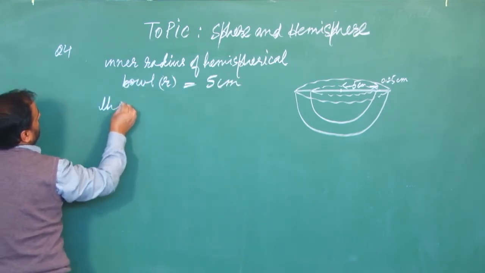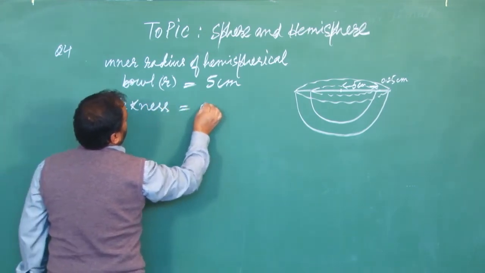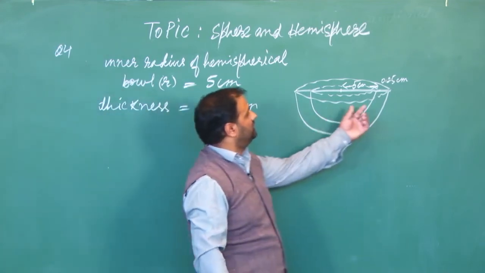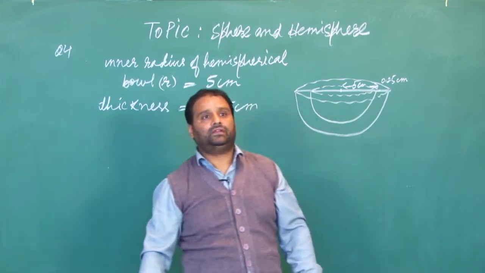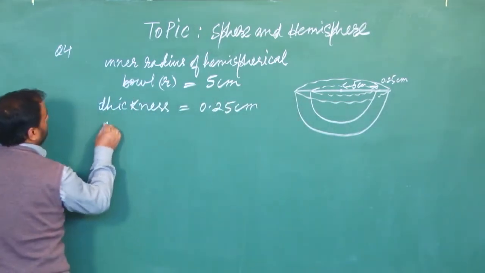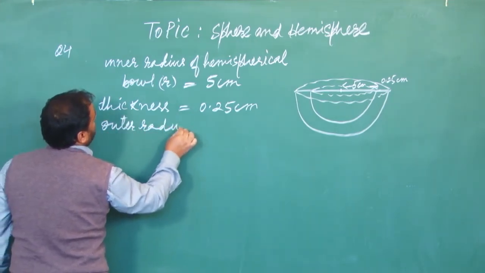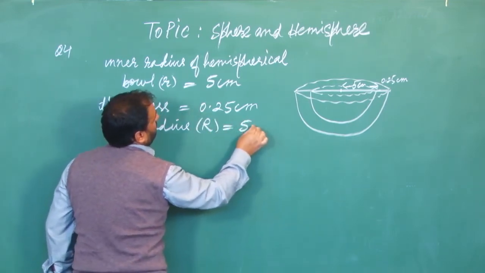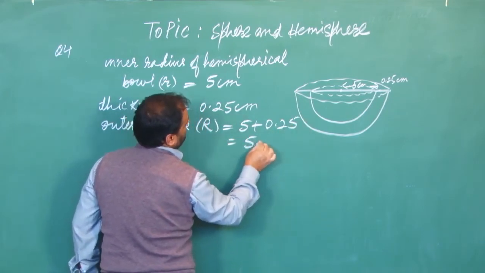Its thickness is 0.25 centimeter. Now, if we add the thickness of 0.25 centimeter to the inner radius, we will get the outer radius. So, the outer radius of that hemispherical ball, to be denoted by capital R, will be 5.25 centimeters.